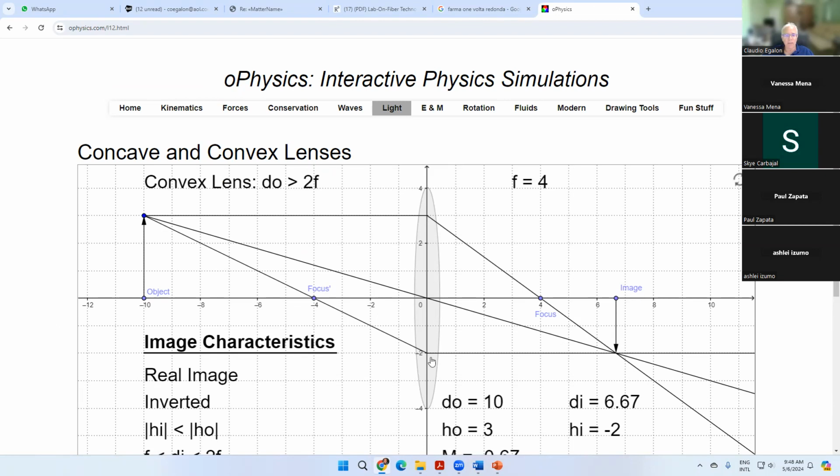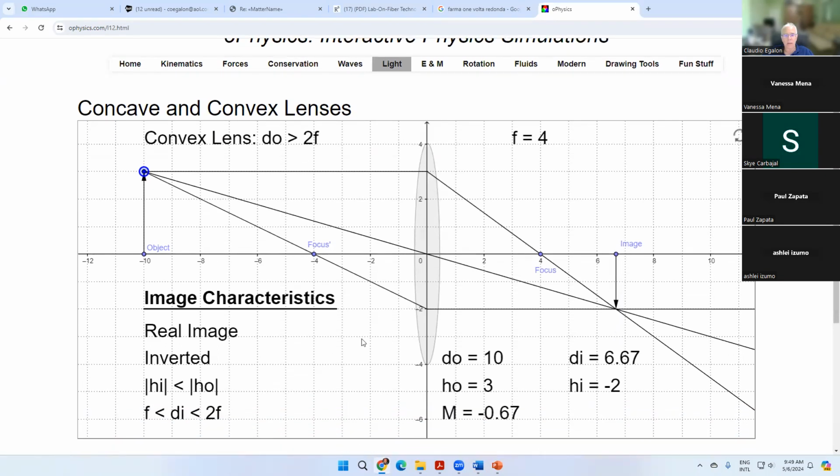Here's a positive lens, right? And look what happens. When the object is further away than the focal point, the image is going to be real but inverted, and the magnification is going to be less than 1.